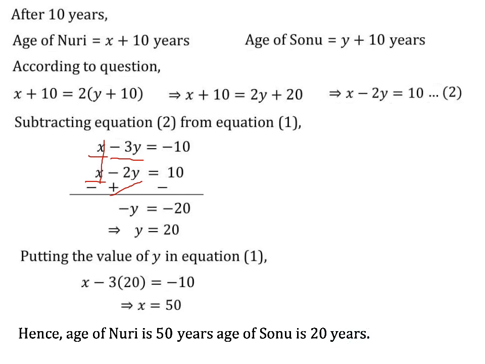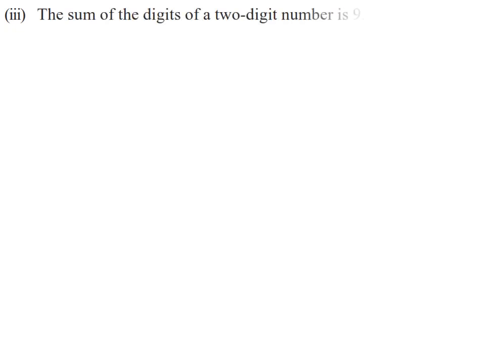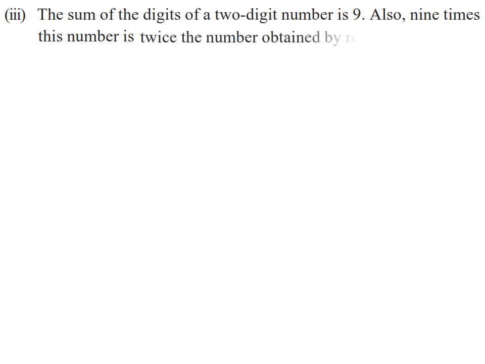Now, moving towards the third one. The third question is, the sum of the digits of a two-digit number is 9. Also, 9 times this number is twice the number obtained by reversing the digits.